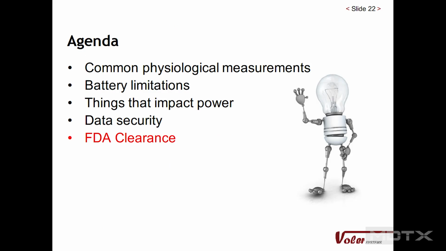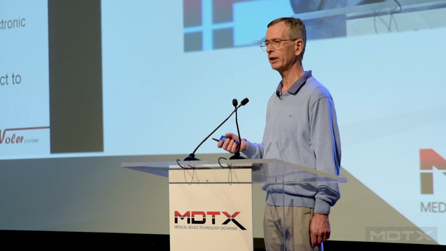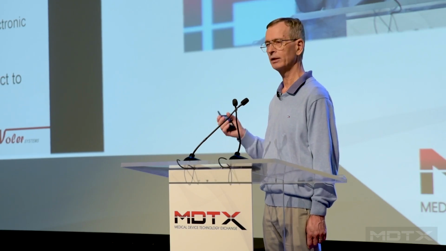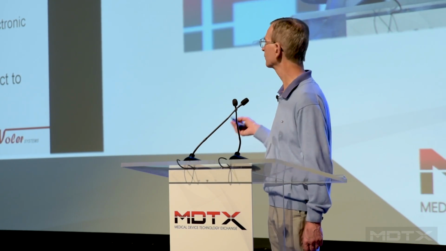And now we'll take a look at what the FDA has to say about these wearable devices. The FDA has special guidelines for apps on cell phones. You can help people self-manage their disease. So you can send data, like there's a cell phone app that will measure heart rate data, and you can send it, help you manage your disease, and that's not a medical device.